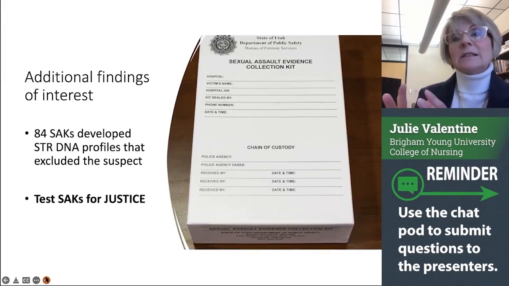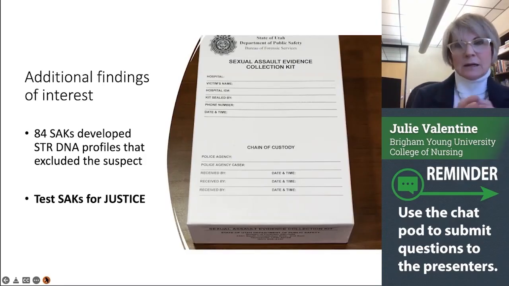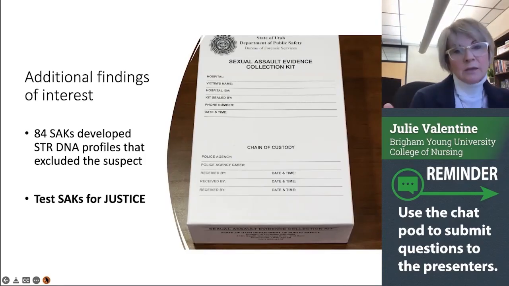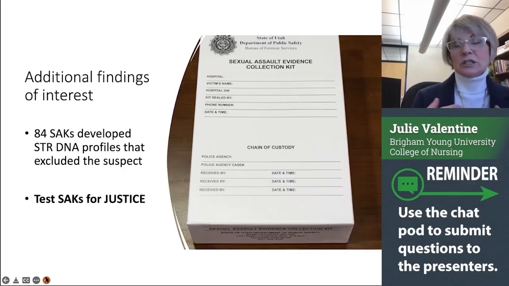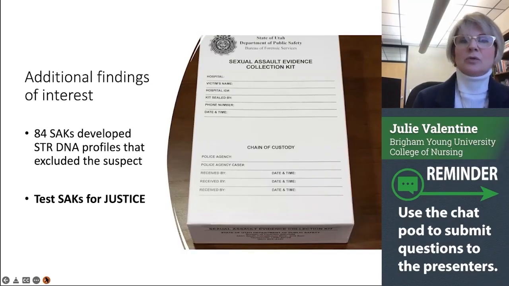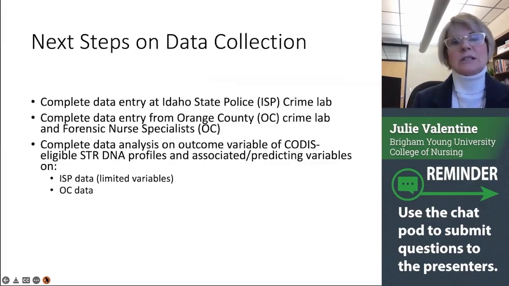There was less evidence against that suspect to charge them in the crime. So we test sexual assault kits for justice. It's for justice for victims, but overall justice for perpetrators too, that we can really look at what is the DNA. It's using science to improve justice.